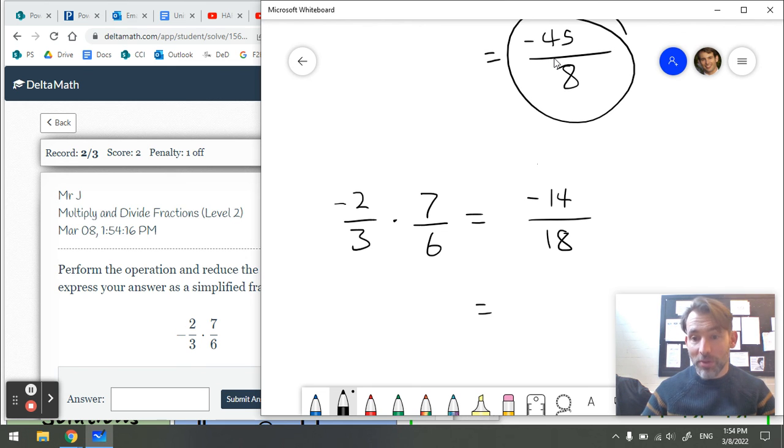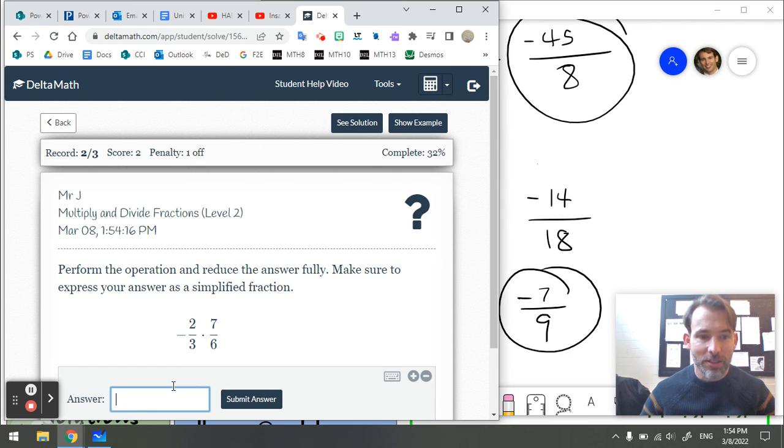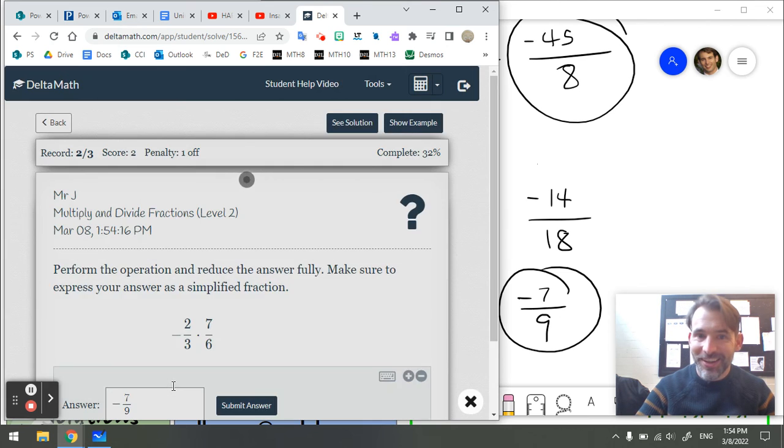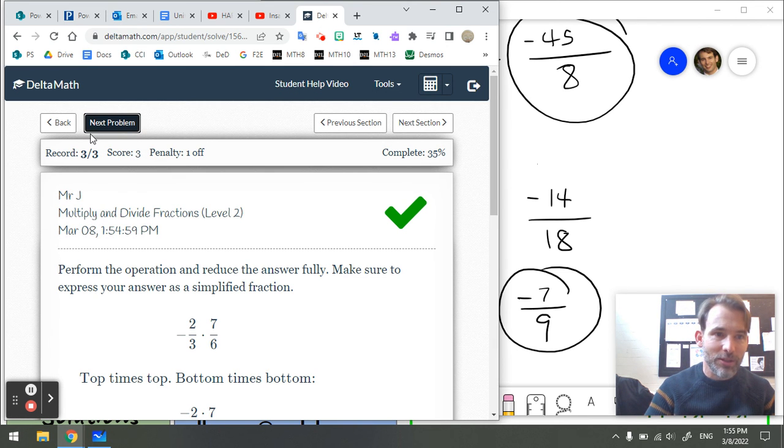What I want to do is divide out the 2, the shared factor. So 14 can be written as 7 times 2, so I just have negative 7 on top over 9. Divide that one by 2 also. There we go. That is the answer, negative 7 over 9. Hooray. Okay, so let's go back.